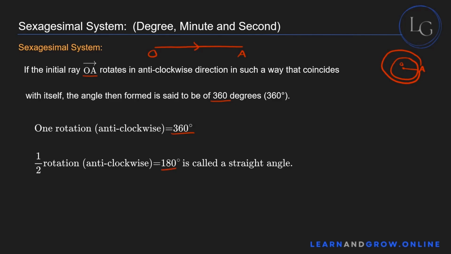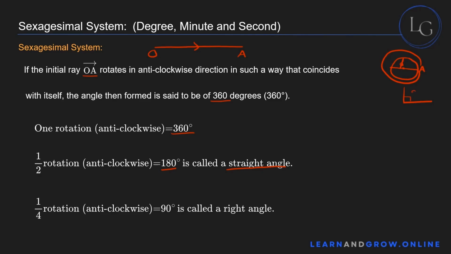It's simple, because half of 360 is 180, and it is called a straight angle because if you rotate it halfway through, this becomes this, which is why it is a straight angle. And a quarter rotation in the anti-clockwise direction, if you take a quarter of 360, it becomes 90, and it is called a right angle. If you rotate this a quarter of the way, it reaches this point, and this angle is 90 degrees.